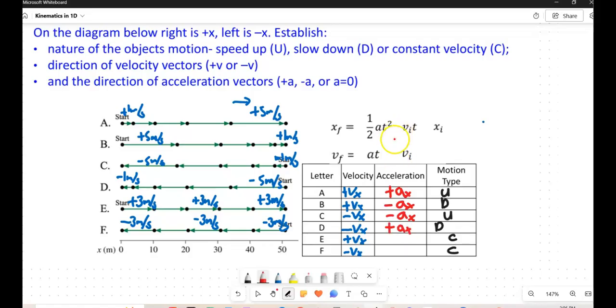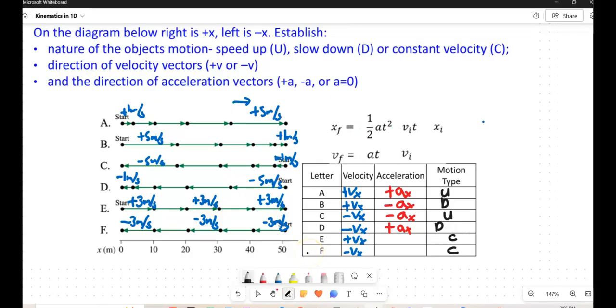So your acceleration vector is going to be positive. So this is a positive acceleration vector in both cases, although you're moving to the left. And you started out again at the positive 50 meter mark. That's the start, positive 50 meters.